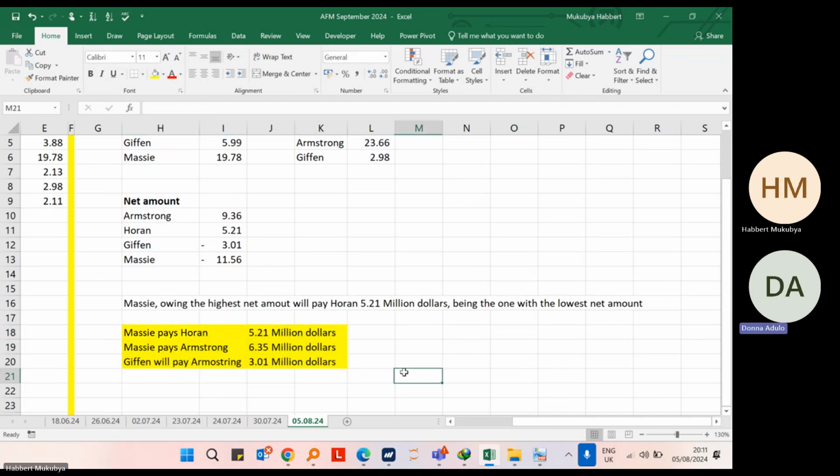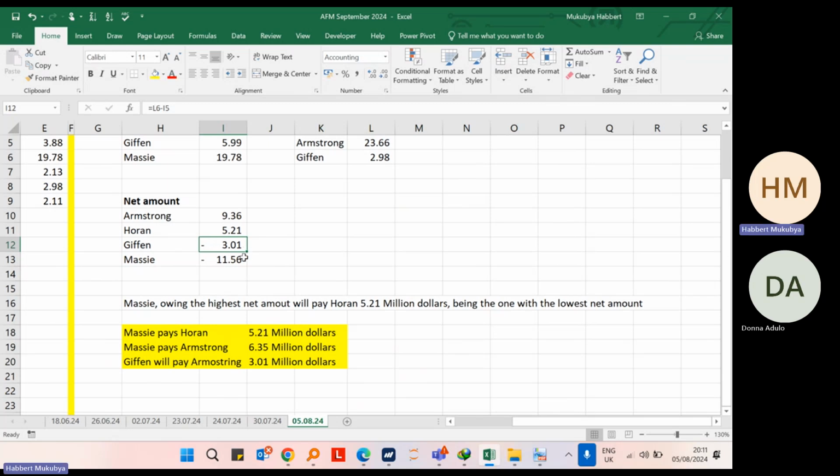I beg your pardon on Giffen. So now remember that Massey has finished paying his 11.56, paid 5.21 to Horan, and he paid 6.35 to Armstrong. That's done for Massey. So the other person who comes next is Giffen. Giffen is owing 3.01.